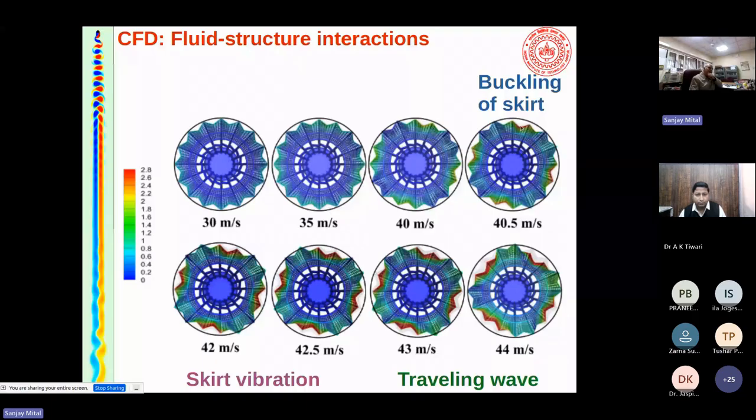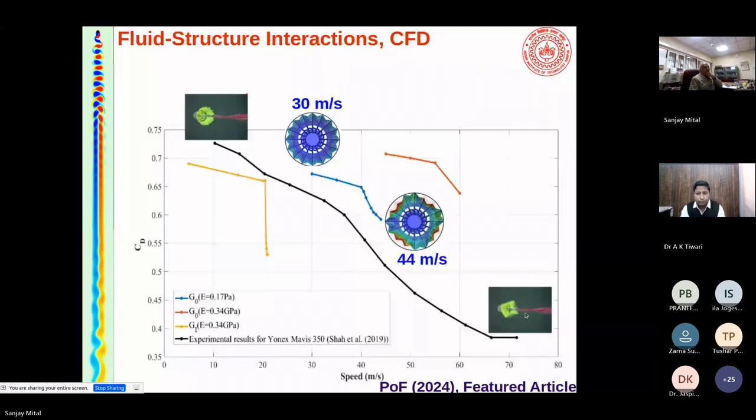The deformation is large at the edges. You can see this red color. And then you get vibrations and finally a traveling wave. Okay, we compared the drag coefficient from these FSI simulations. And you see the comparison here, fairly good comparison, and that's the buckling.